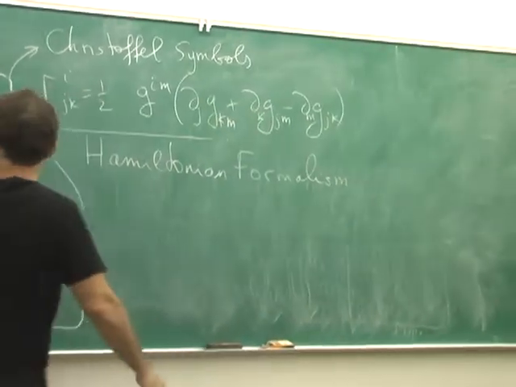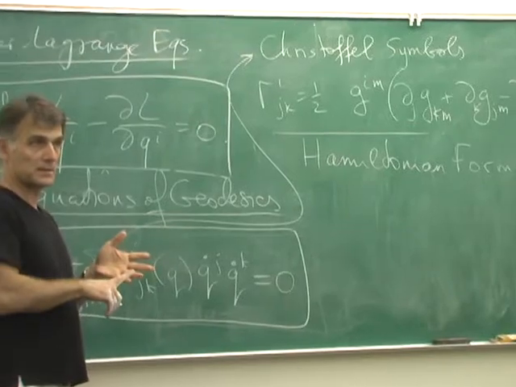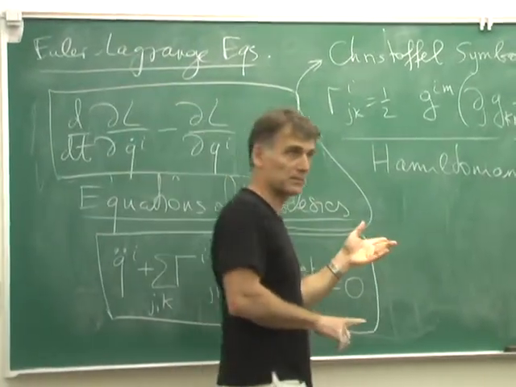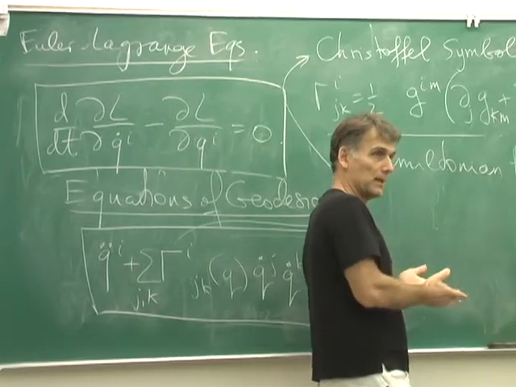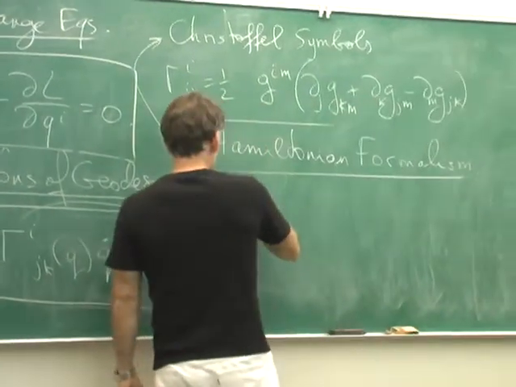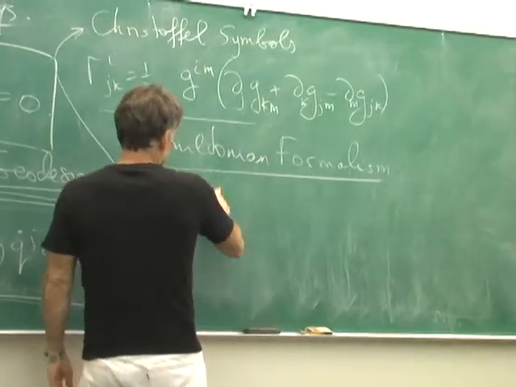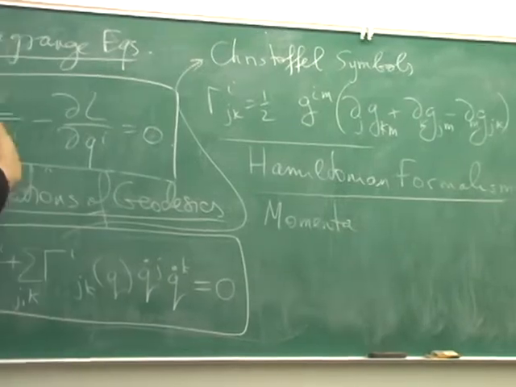Here the basic variables are coordinates and velocities. In Hamiltonian formalism, the variables are coordinates and momentum. So the first thing you do is introduce momentum.